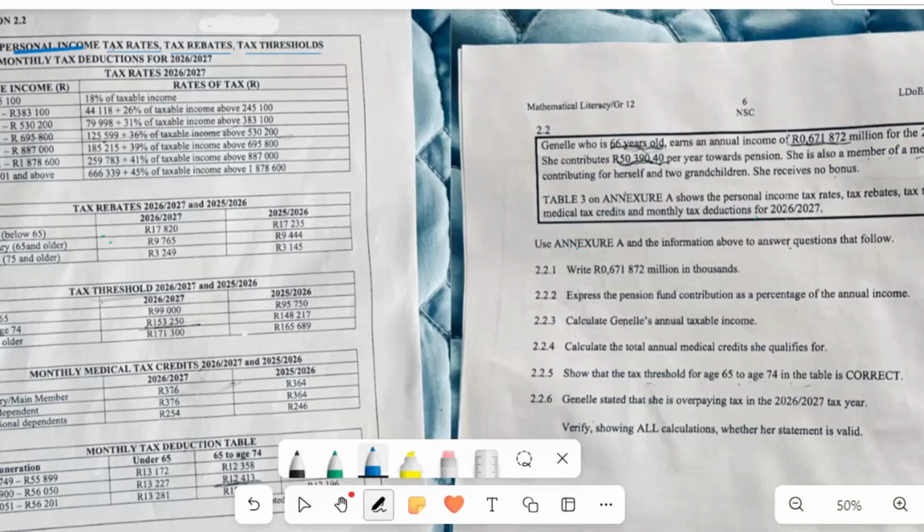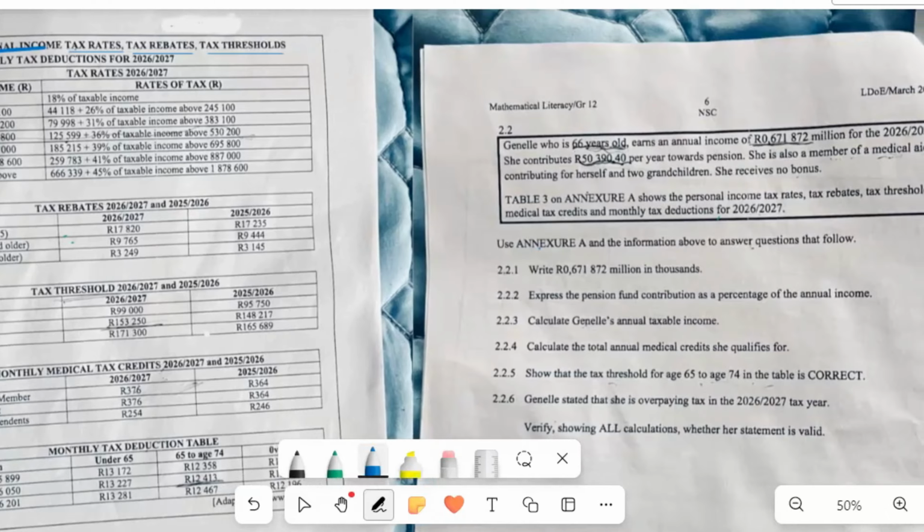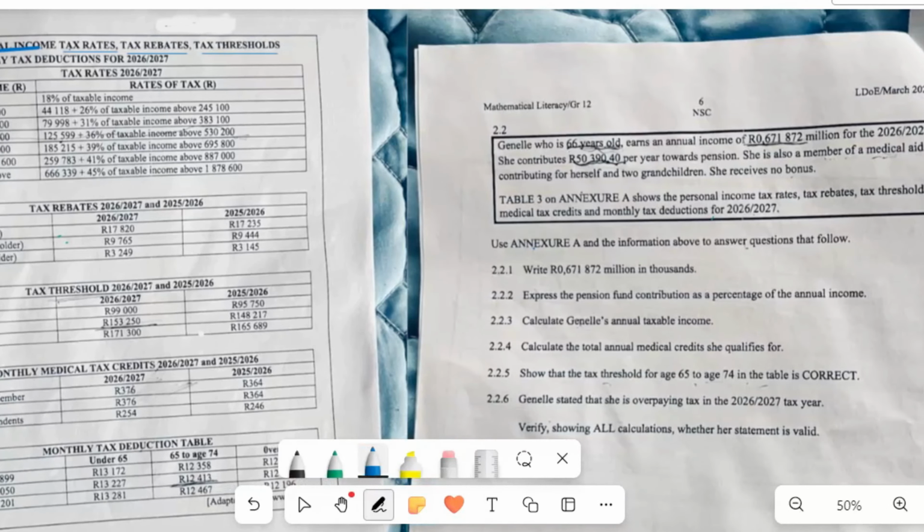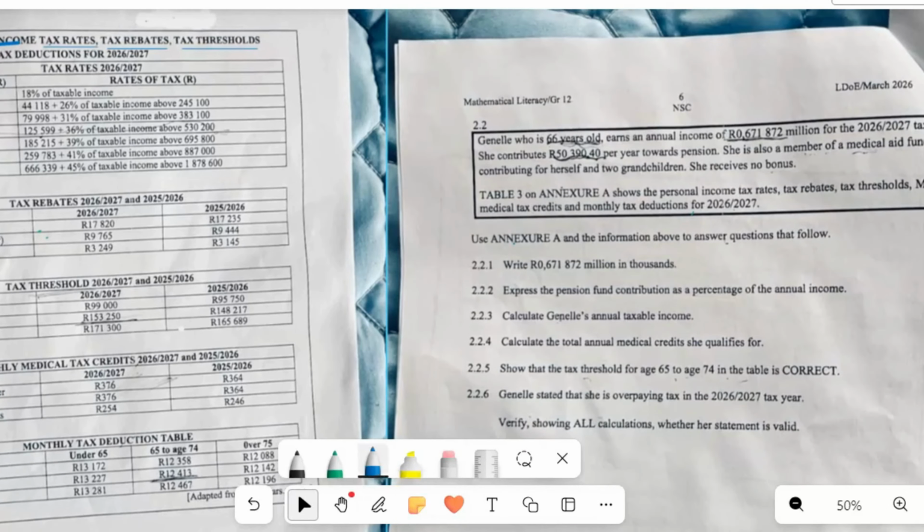So we've got the table here. It's very long. I'm not going to read everything out for you. You can see it on the screen. What I'm going to do now is go on to question 2.2 straight. Janelle, who is 66 years old, earns an annual income of that amount which is written there. I don't want to read it out loud because there's a question underneath which is asking us something about it.